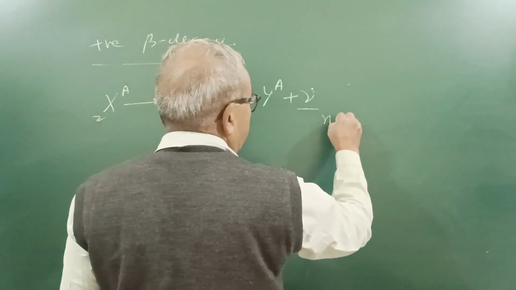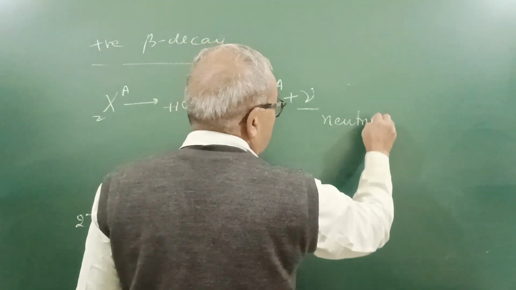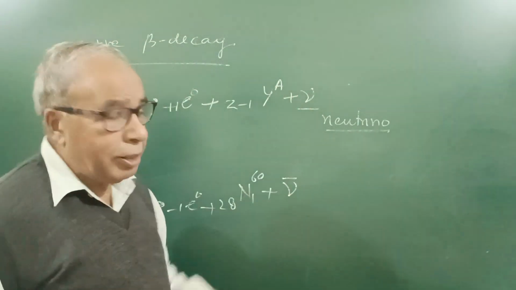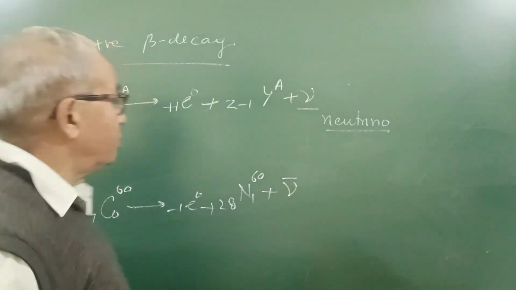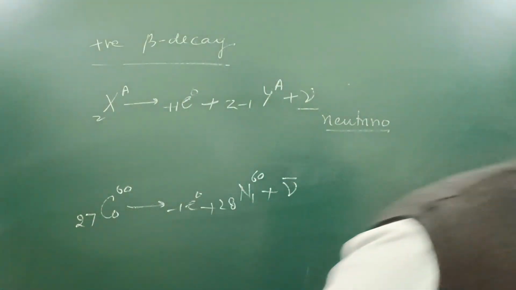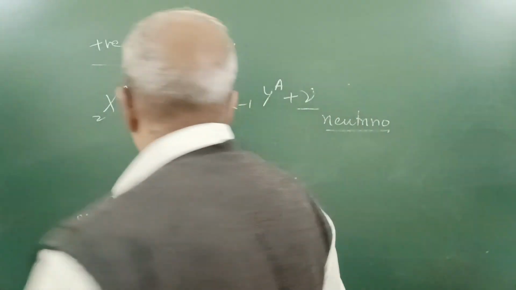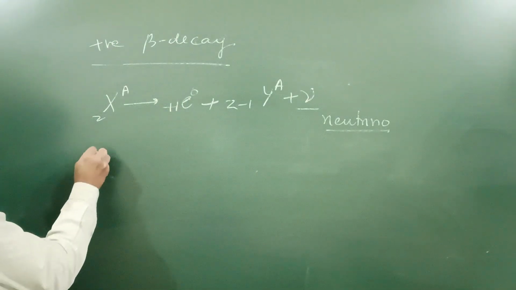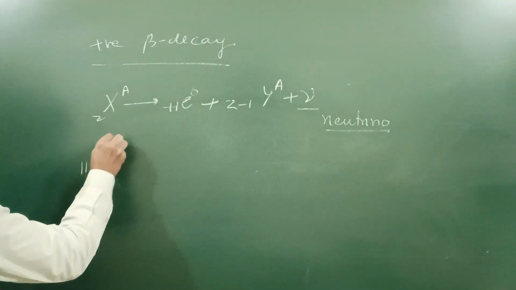This is neutrino here. Neutrino and antineutrino are particles having no charge, but they are called anti of each other. For example, they have given this example: 11Na22.